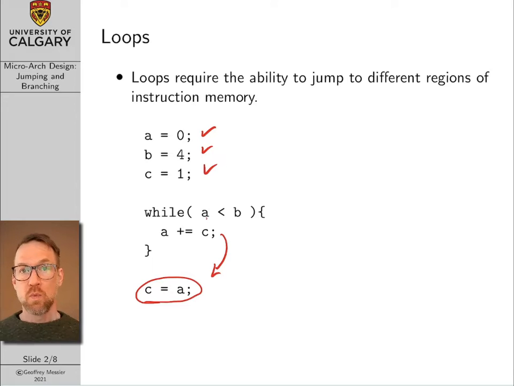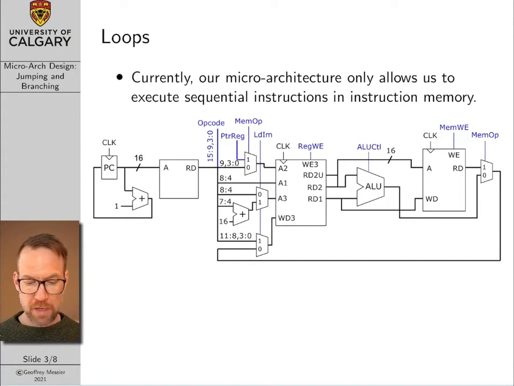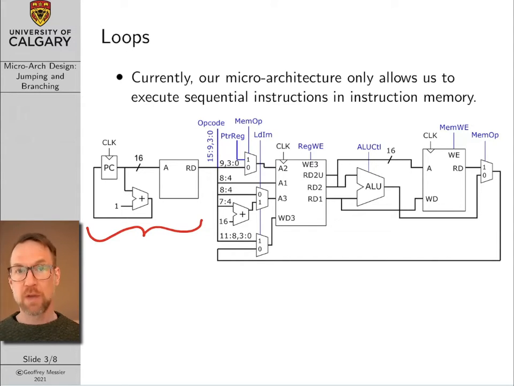When we think about the instruction memory part of our microarchitecture, and I'll just fast forward to the next slide, this is our instruction memory. This picture shows our microarchitecture design as of the end of the previous lecture. So it can do load commands, store commands, load immediate commands, and calculation commands.